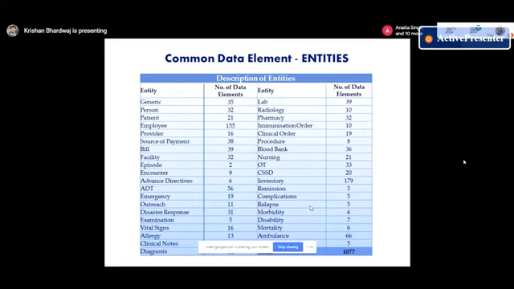So this particular table is showing the various entities and how many elements are under each entity. This is more of a statistical grouping of the whole work that has been done in MDDS. But one thing I want to emphasize: whatever we have done so far in MDDS is one version of it, but it's an ever evolving standard.